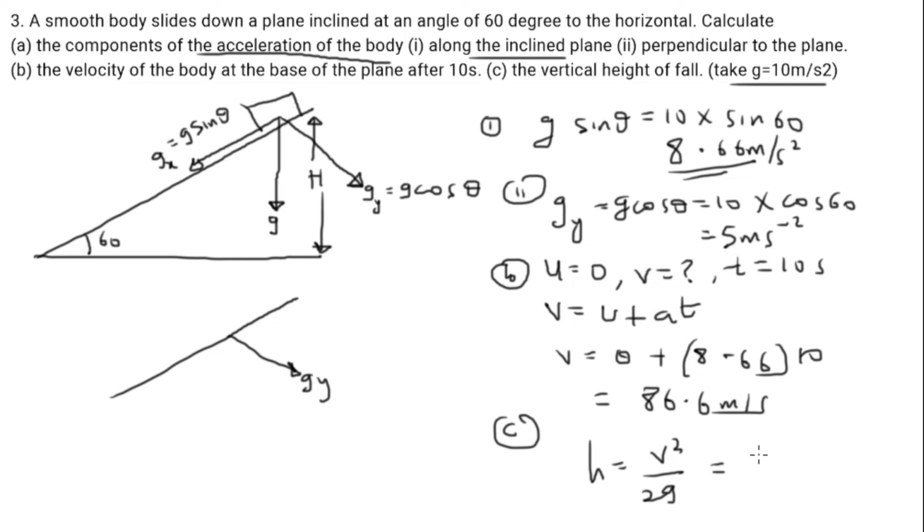Here v is the final velocity, given as 86.6, so 86.6 squared upon 2g, where g is 10. That gives the answer in meters, so that is the vertical height of the plane.